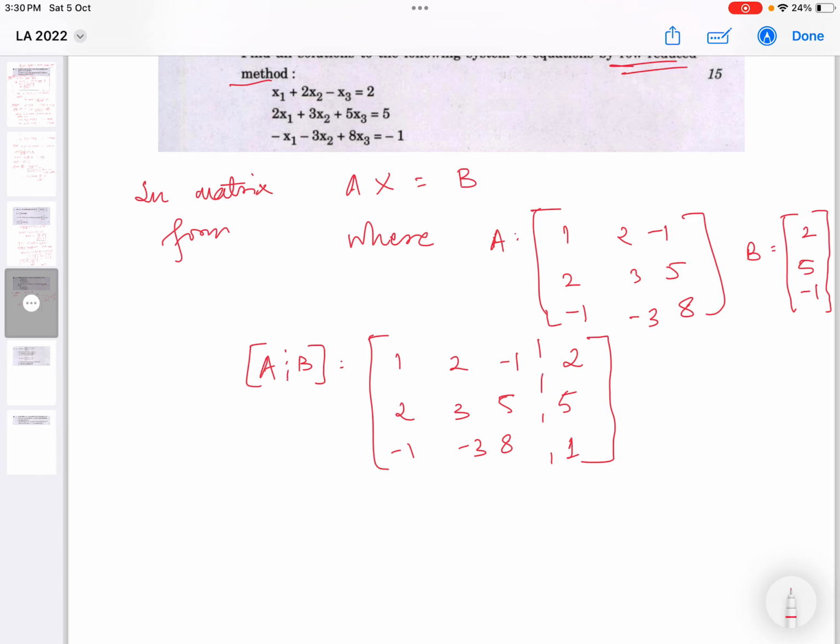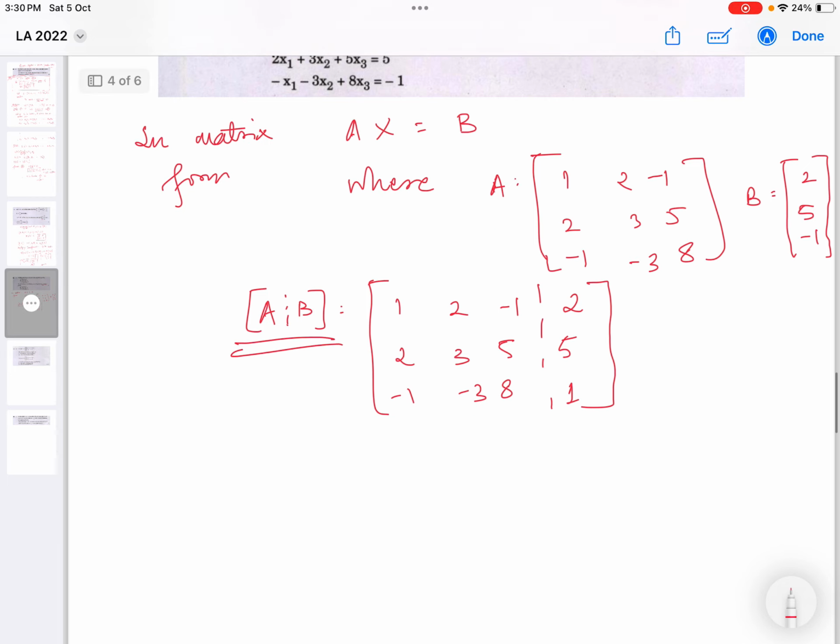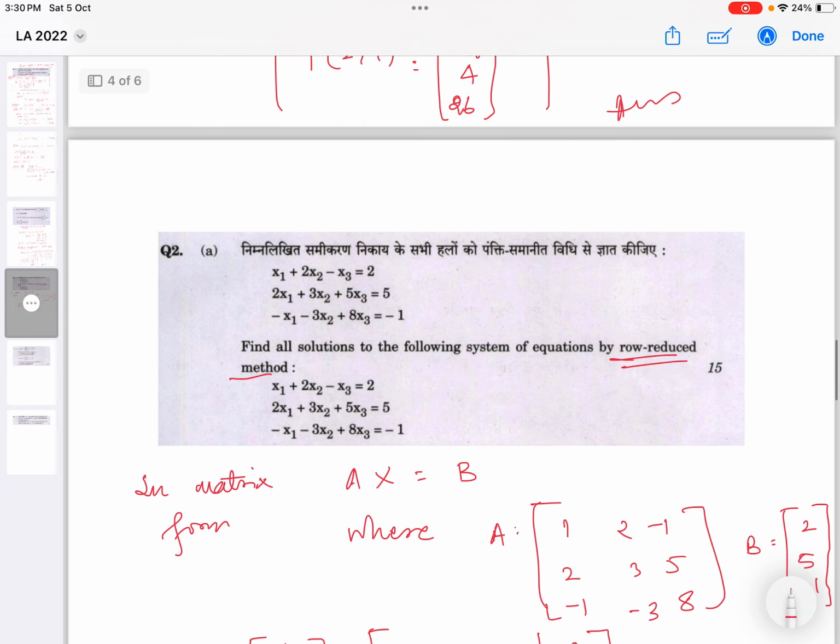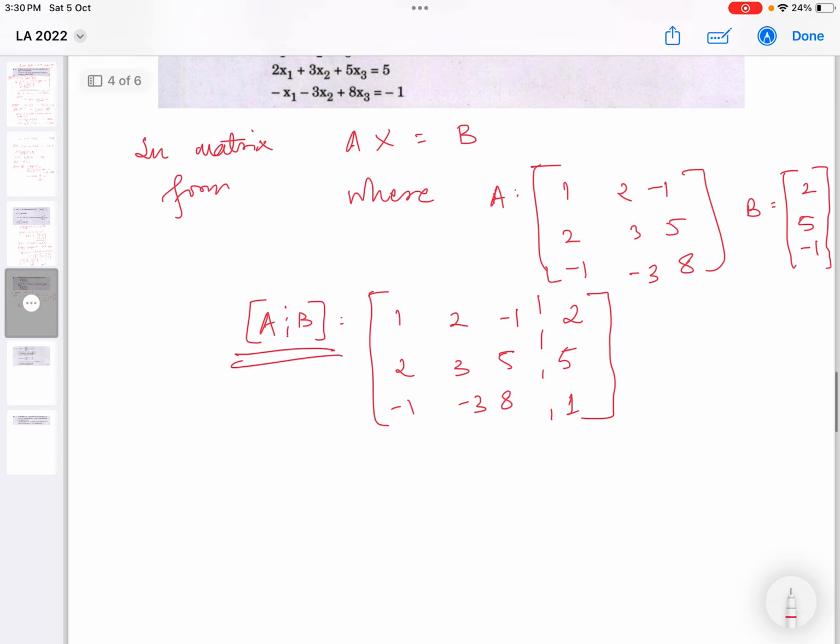And now what we'll do is convert A augment B into row reduced echelon form, and then we'll solve it. Whatever operation we apply on the left hand side, we'll apply the same on the RHS of the augmented matrix too.